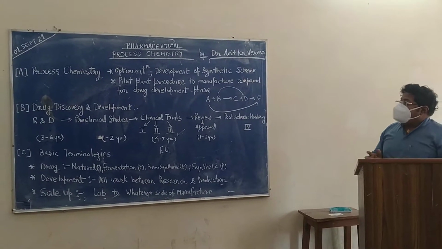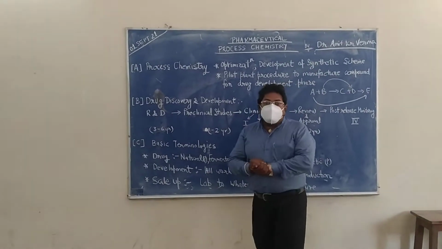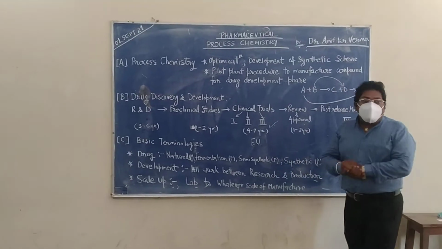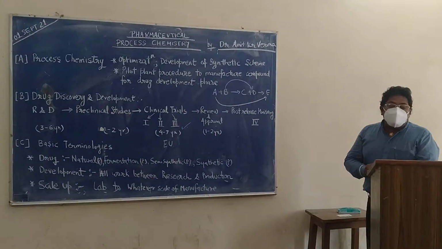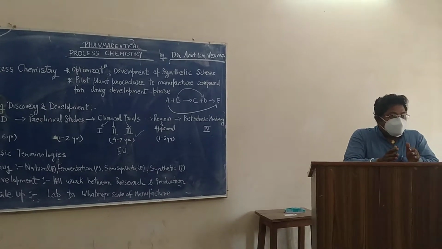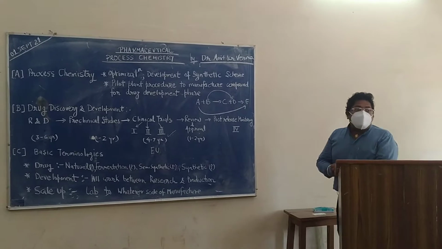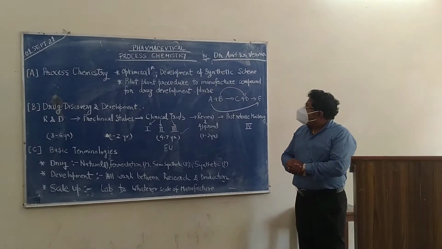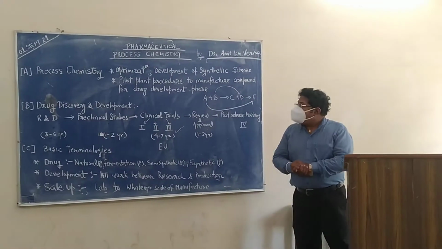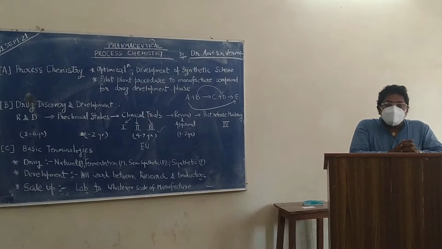So, as you can see, process chemistry is nothing but the optimization and development of synthetic schemes. I am going to tell you later what the synthetic schemes are, and it also includes the pilot plant procedures to manufacture compounds for the drug development phase.